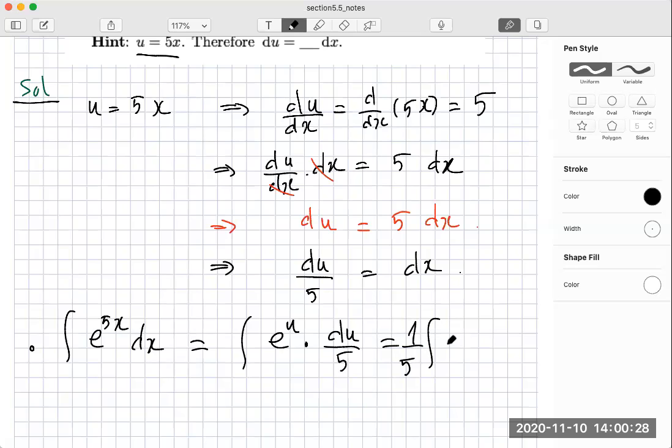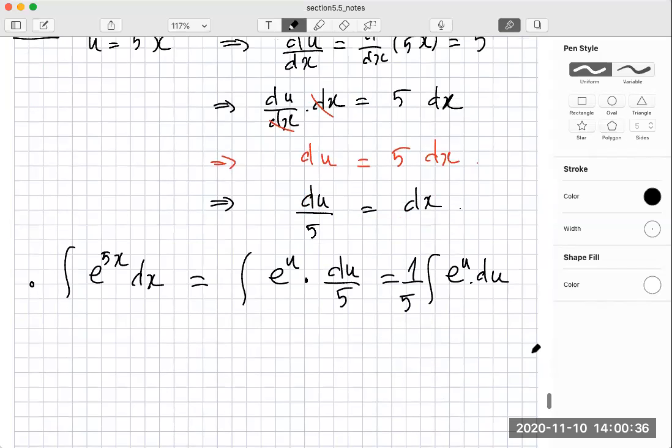It makes our life easier. Okay? Now, e to the u du. It is a known one, right? So what do we have? We need to find the antiderivative of e to the u here. Yes, e to the u. Thank you, Matthew. Is it enough? Yeah, plus a constant, right?